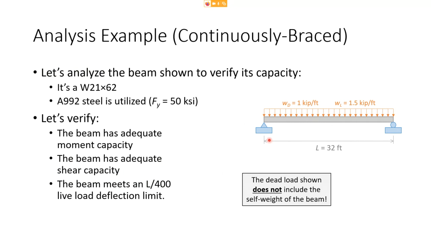Let me get somewhat set up here. Give me a second. I labeled it as VM delta, and it's 3-23, not 28. But yeah, I called it VM delta. Again, you can call it whatever you want. Shears, moments, deflections.